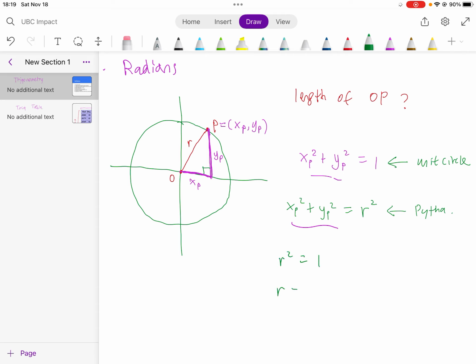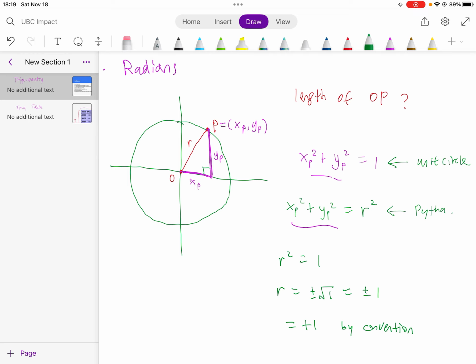And so R is equal to plus or minus the square root of 1, which is just plus or minus 1, but it doesn't make sense for this length to be negative. We don't really care about negative and positive here, so by convention, we always say that this thing is positive. So we choose the positive one when there are two choices.